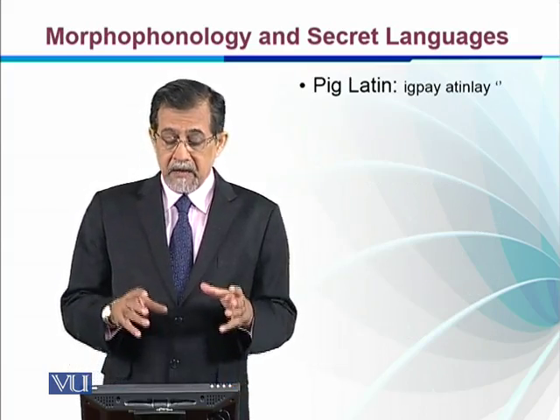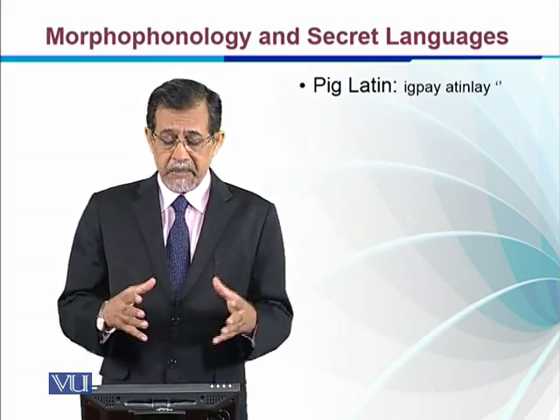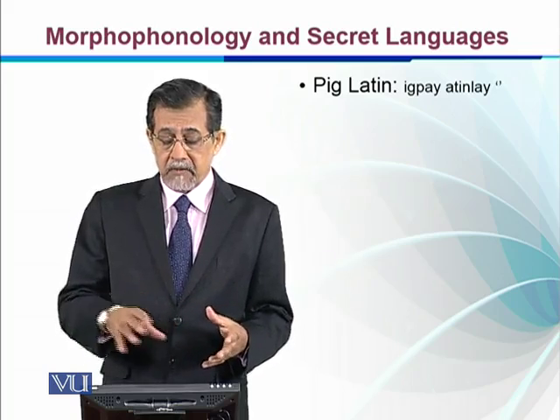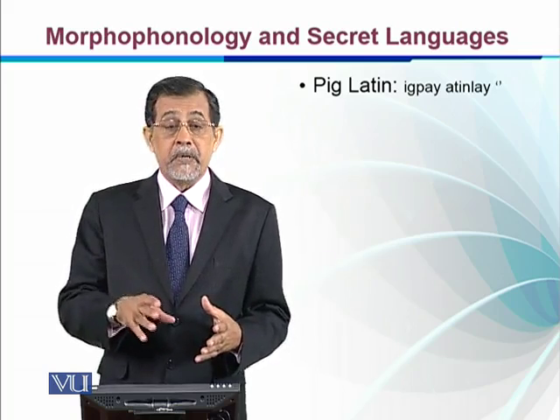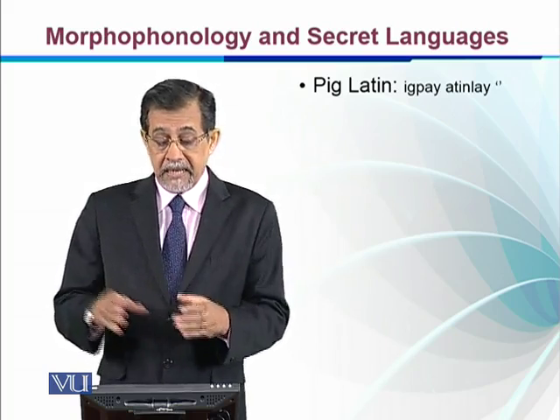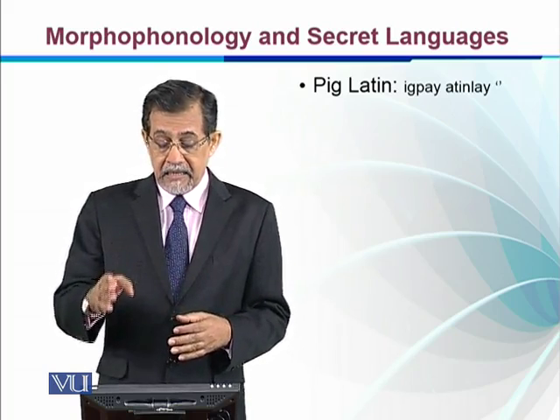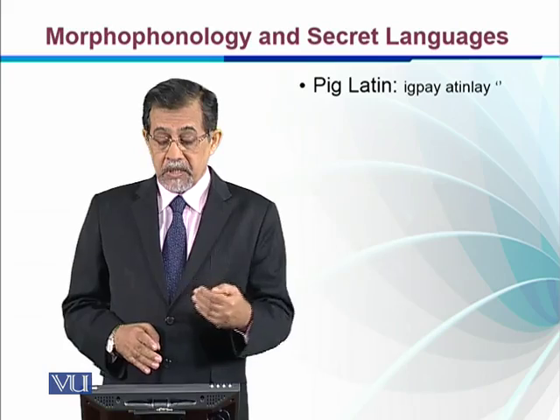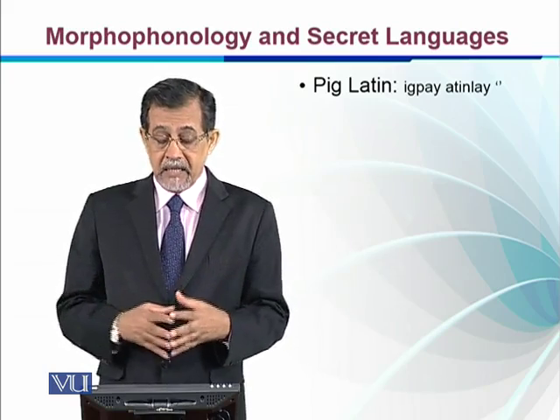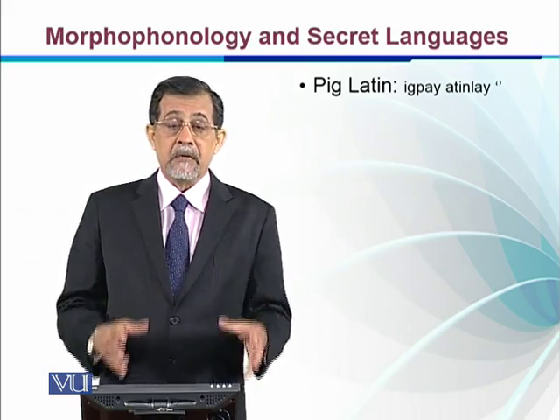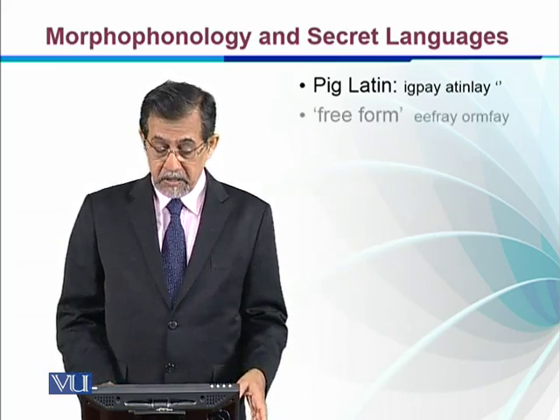So you can see, for example, this very word, Pig Latin. We have shifted "p" to the end and added "a," and "l" to the end and added "a." So this is how we can make a secret language.